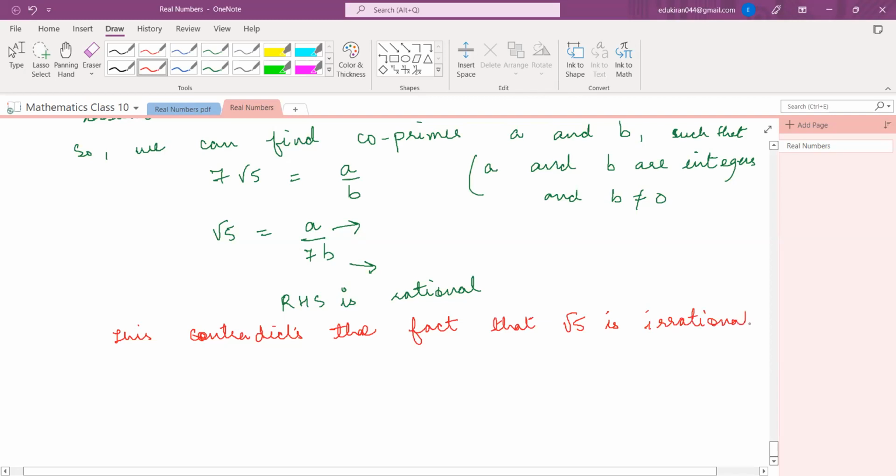So your question is telling you that root 5 is rational because you have a rational quantity on the right hand side. But you already know that root 5 is irrational.